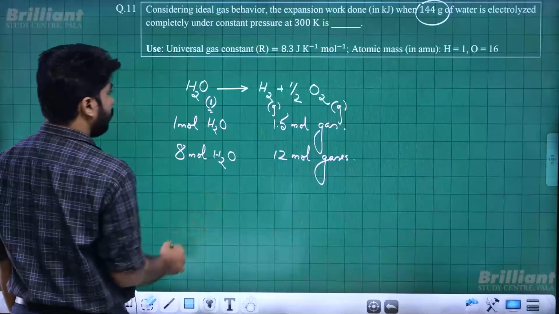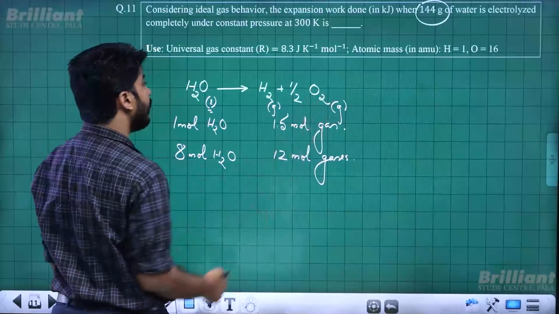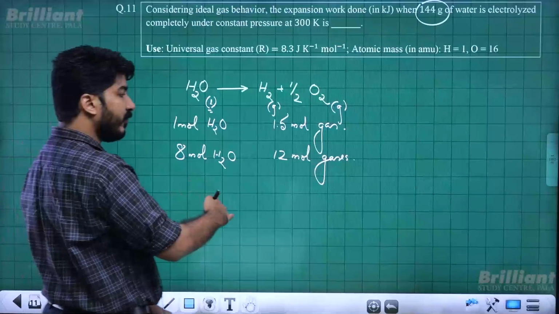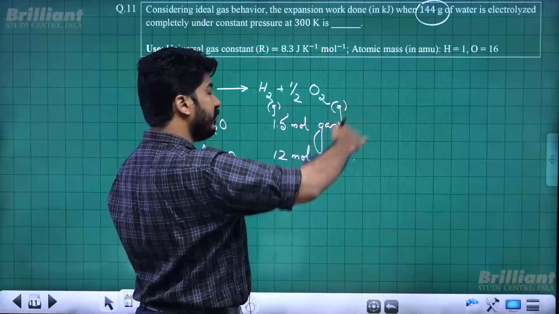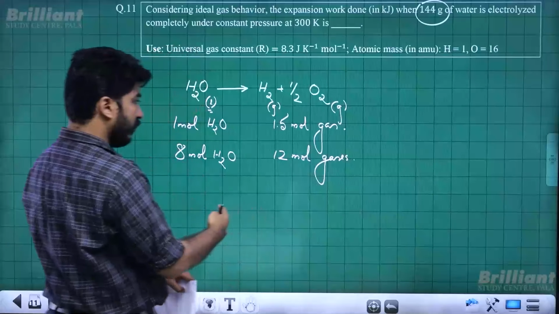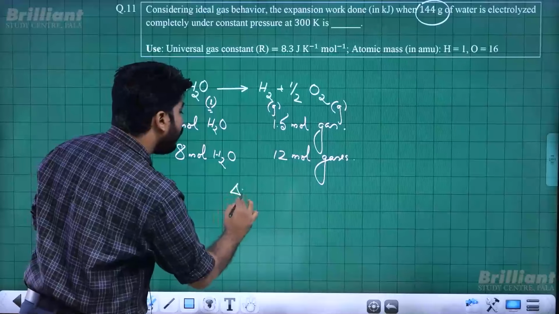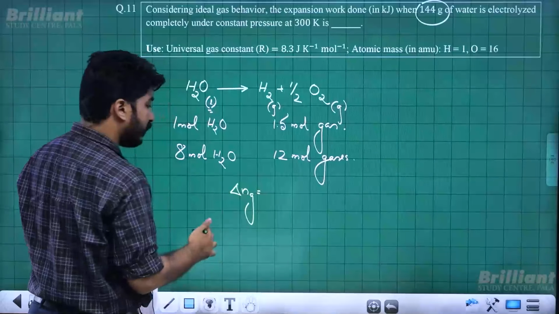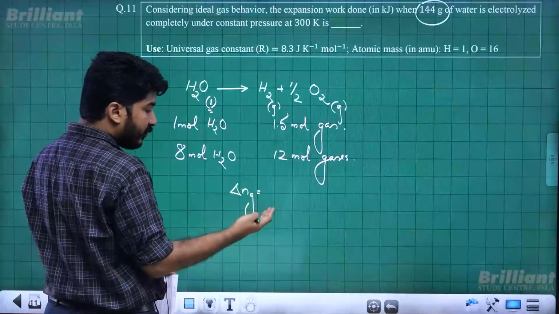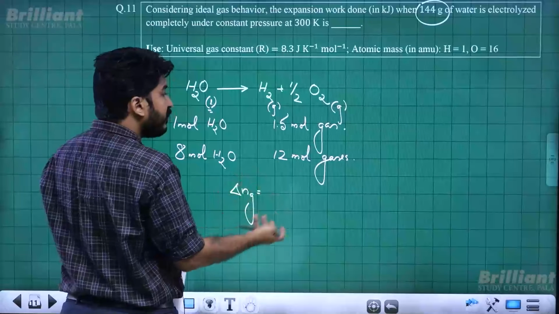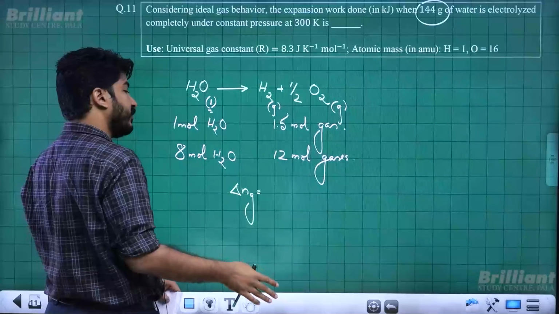So, there is definitely an expansion occurring because initially we don't have any gas and we have to keep the same pressure from beginning to end. So, with the generation of gas, there is expansion occurring. Expansion is valid for gaseous substances only. We neglect it for liquids and solids.